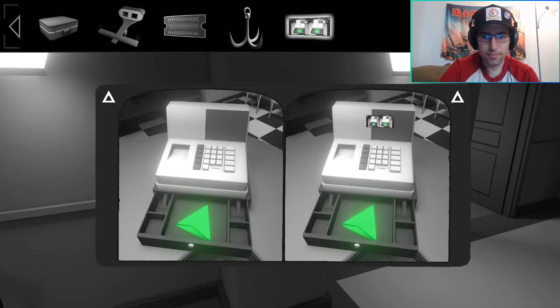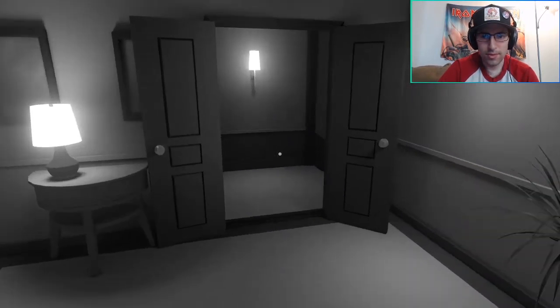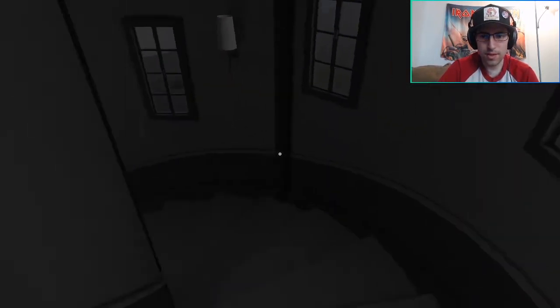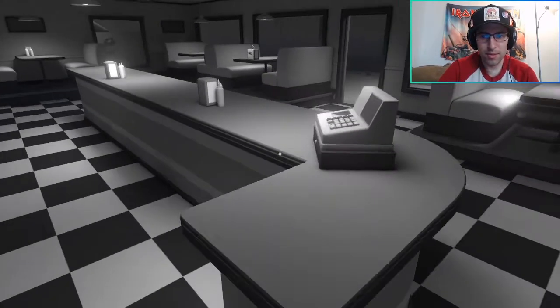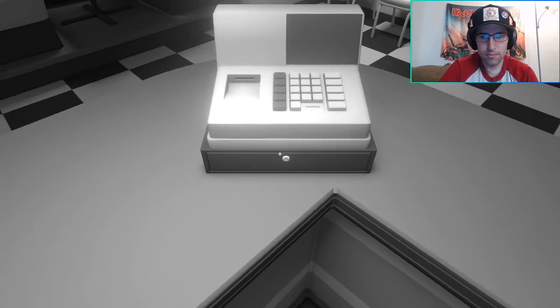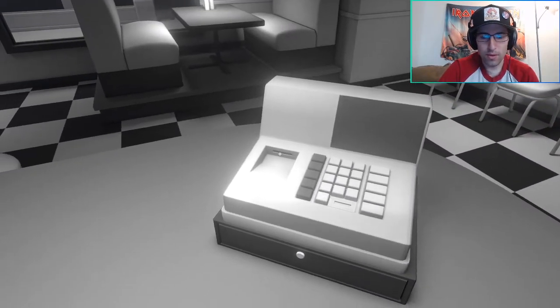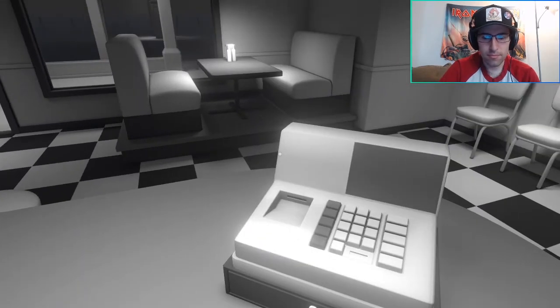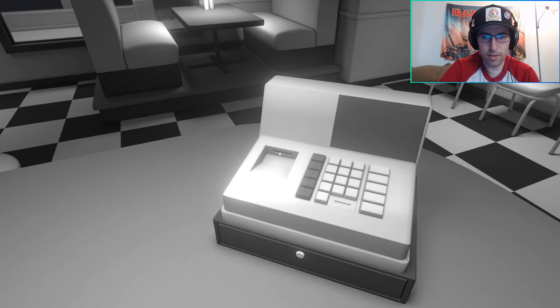Oh. So we know that in the cash register is apparently this thing. Now, I hadn't opened it before. Does that mean it'll just open now? Nope, that would be too easy. Oh, ticket thing. Nope, that didn't do what I thought it would.